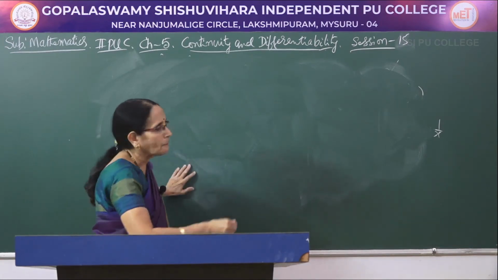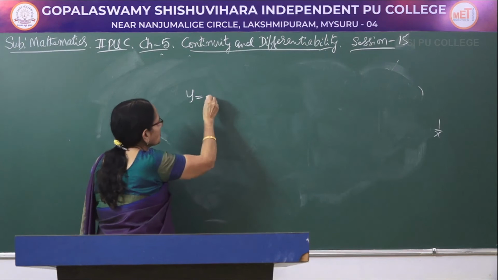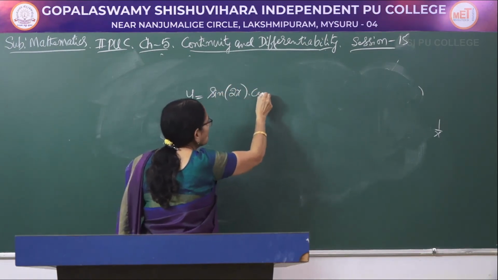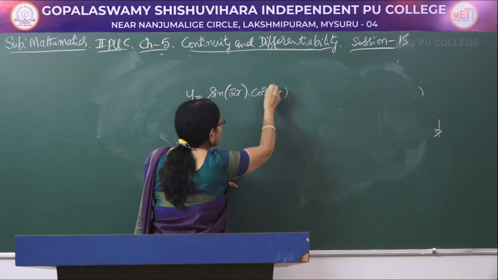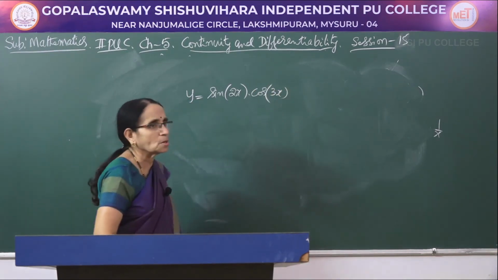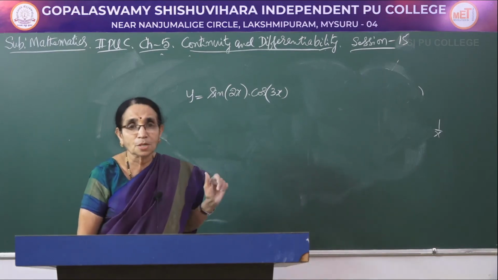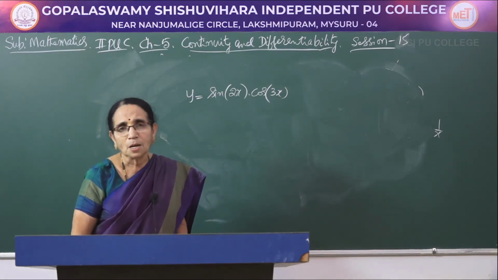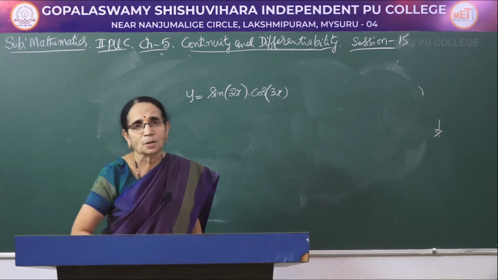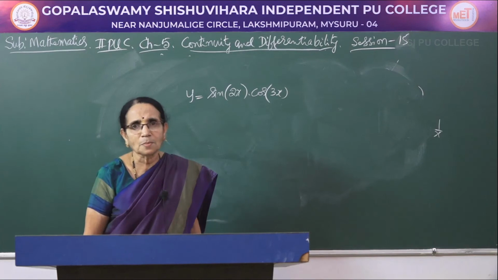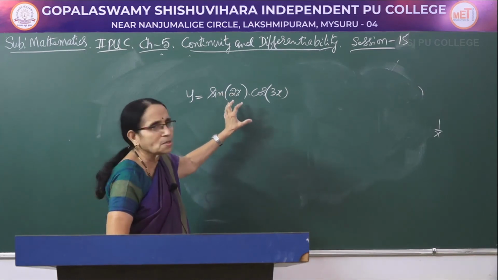Now, y is equal to sin of 2x into cos of 3x. Sin of 2x into cos of 3x. This problem or such problems can be expected for a 2 mark question. The reason is, in all the earlier problems, I had given you only one term.